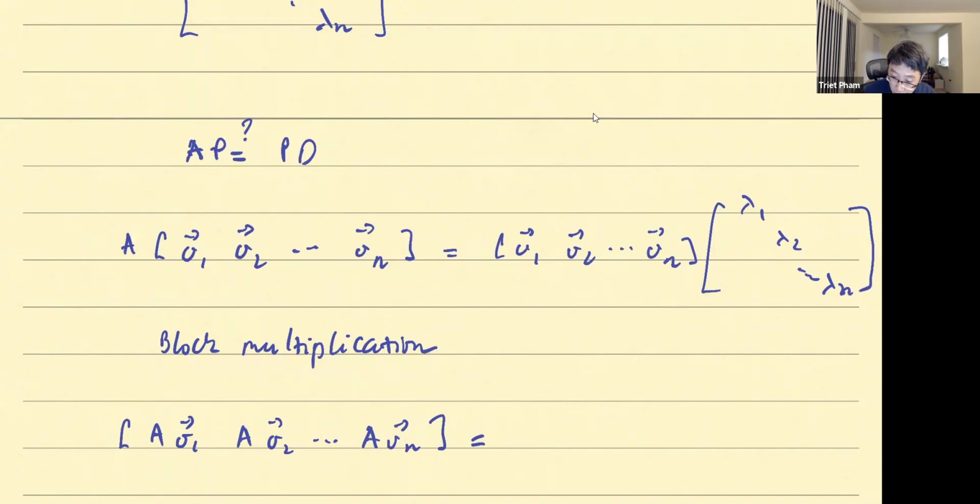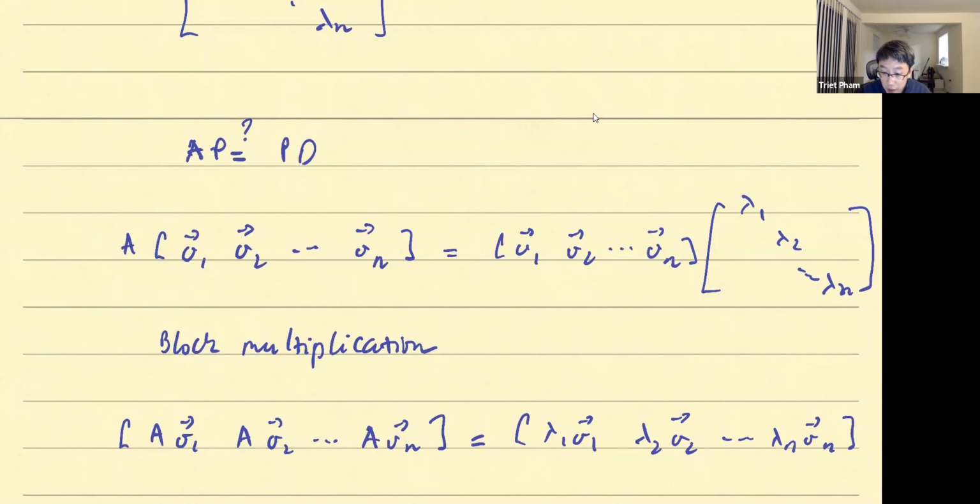If you do this times this, what do you see? First row, first column is lambda 1 v1. First row, second column is lambda 2 v2. So on and so forth.